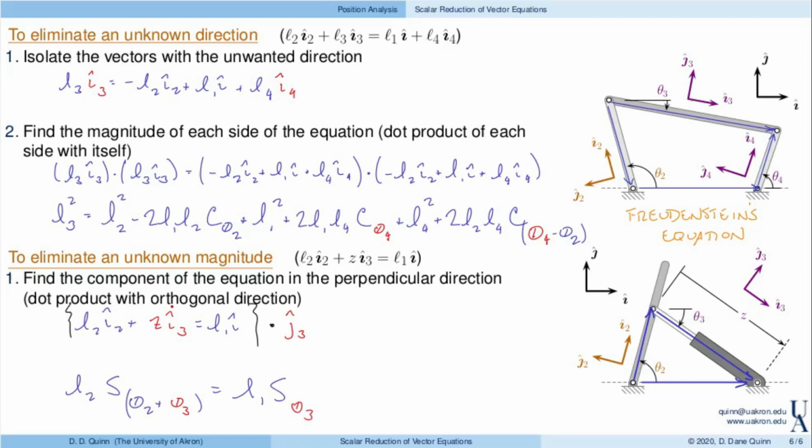A lot of the problems that I solve, I will be using this approach. And as we move to velocity and acceleration, this second step, eliminating unknown magnitudes, will be what we'll primarily be focused on in solving equations. So this ends up being really useful to quickly solve for velocity and acceleration terms.